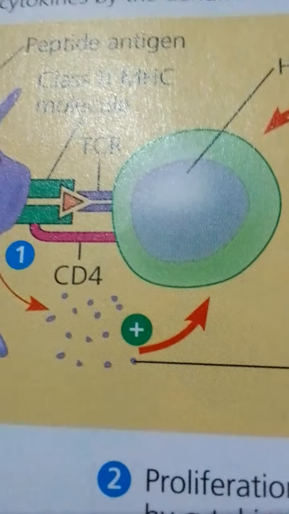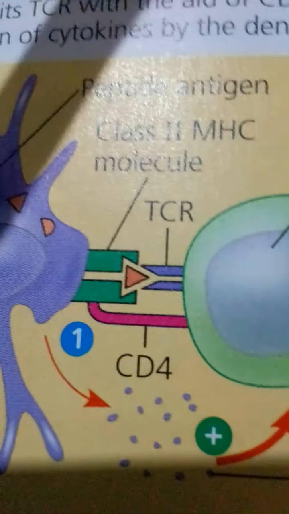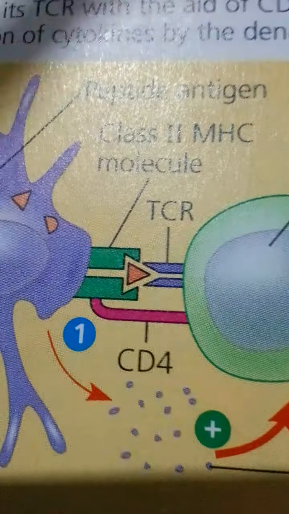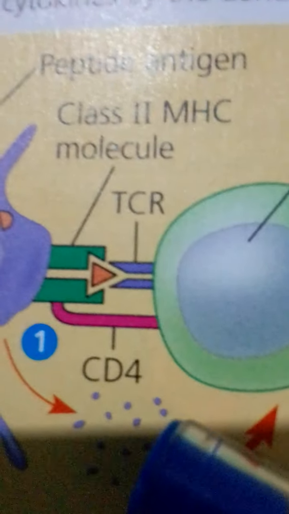After a dendritic cell engulfs and degrades a bacterium, it displays bacterial antigen fragments, peptides, complexed with a class II MHC molecule on the cell surface. A specific helper T cell binds to the displayed complex via its TCR with the aid of CD4.